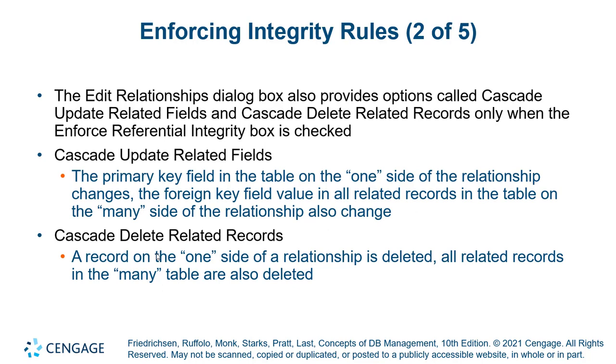And so the reason why we can only do this when we are enforcing referential integrity is because if we allow this when we're not enforcing it, then we are most certainly going to create orphan records. Not always, but a very good chance, right? For instance, let me back up here.